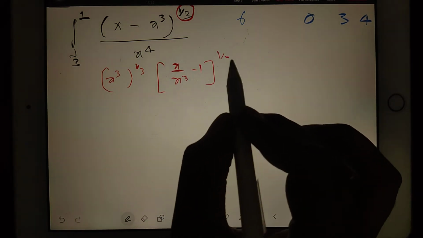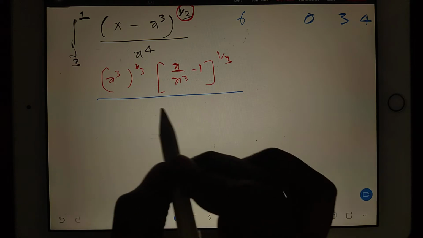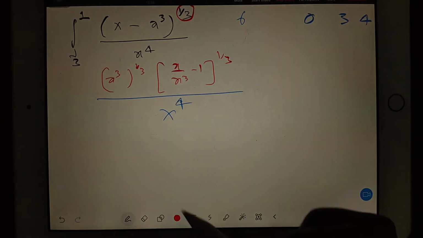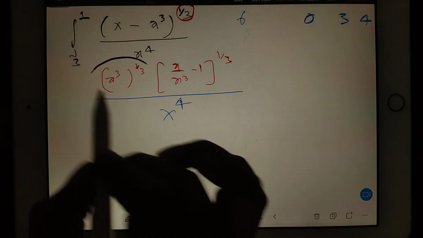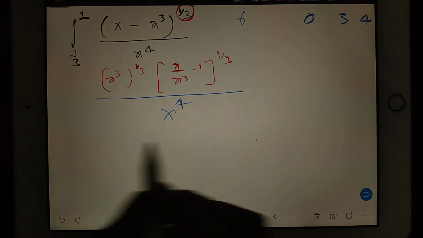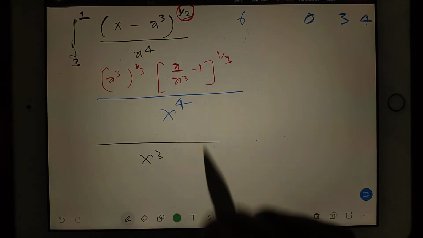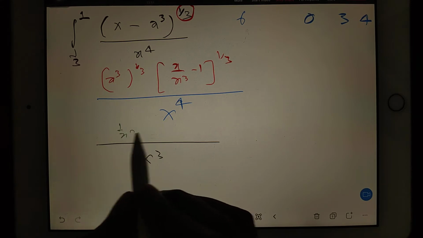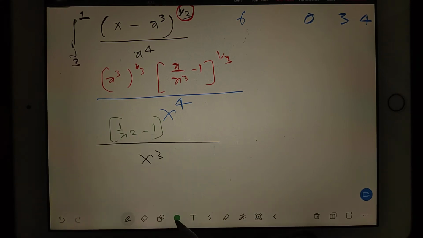This is the way we should take common. After that, divide by x power 4. Then x cube cancels with x power 4, so 1 by x cube will come. Inside the bracket, x and x cube you can cancel, so 1 by x square will come, minus 1, and whole power 1 by 3 will come.